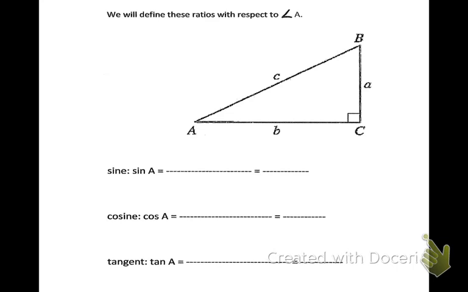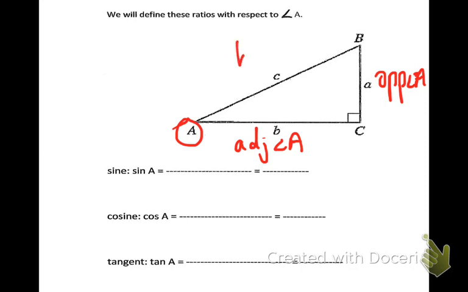In reference to angle A, this side a is opposite angle A. The side b touches A, so we could say it's adjacent to angle A, and the side across from the right angle is the hypotenuse.